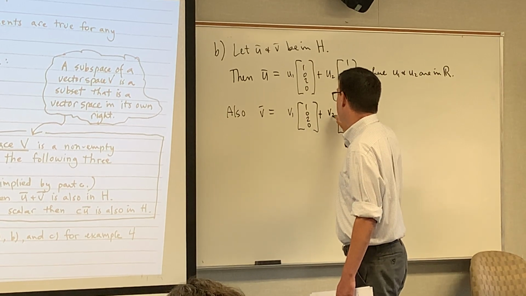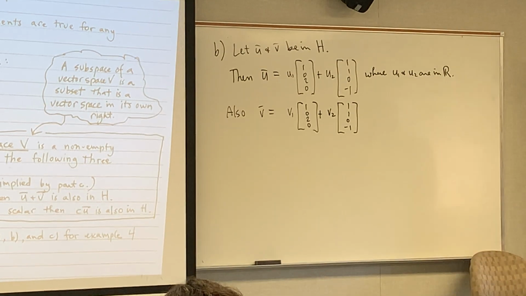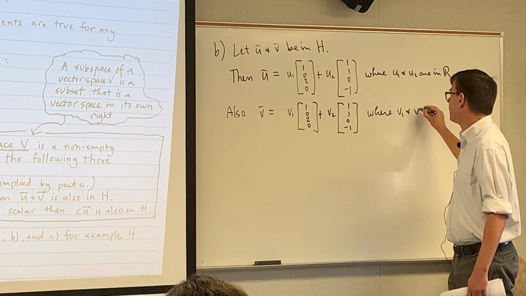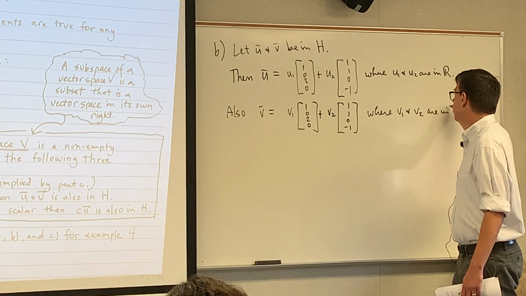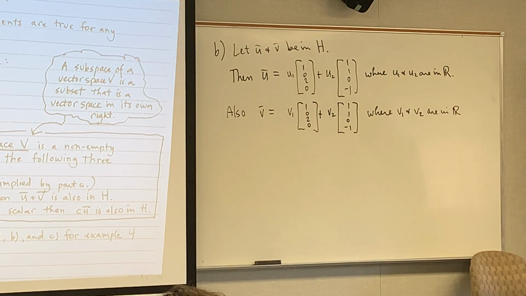So I just want you to see this idea that I'm just choosing to use U1, U2, V1, V2. But if you chose A, B, C, D, it's fine. They're just standing for real numbers.